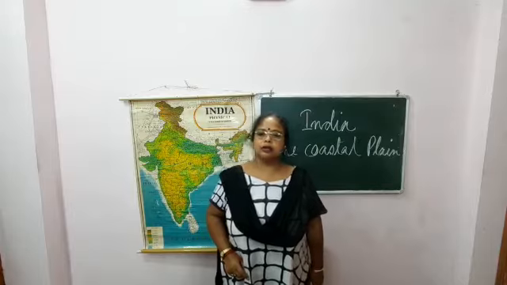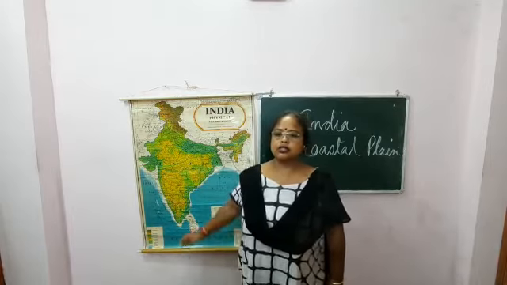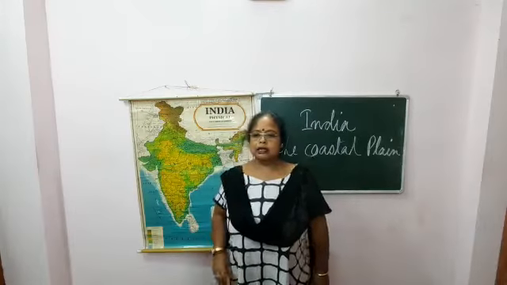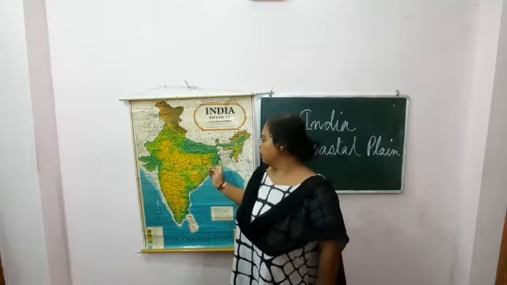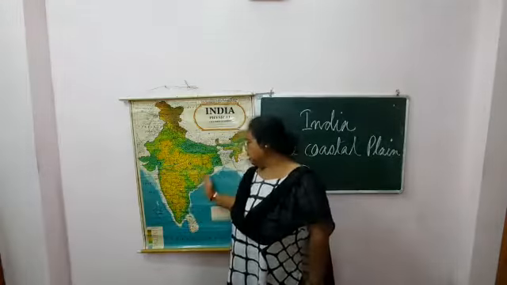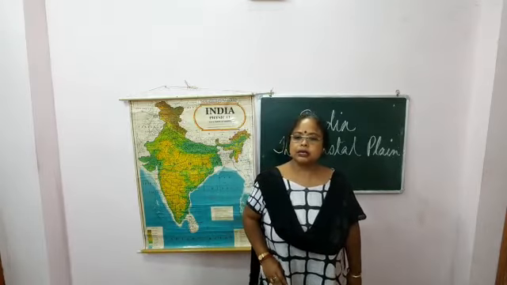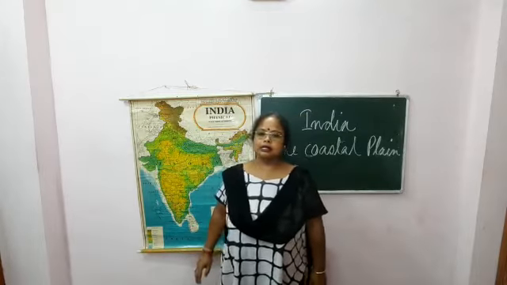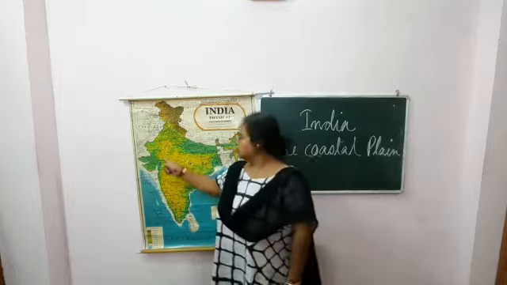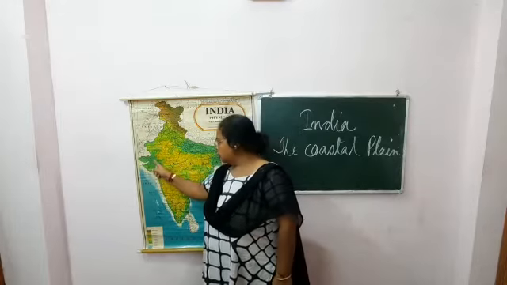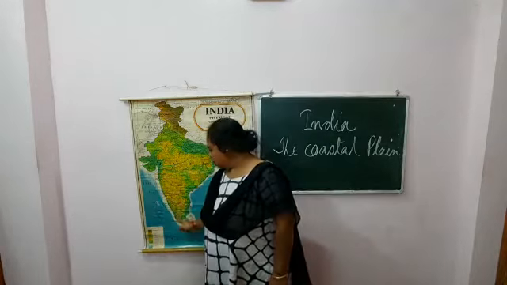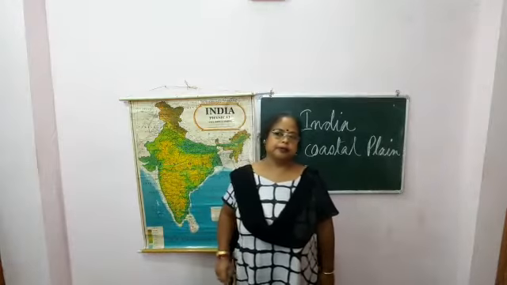The eastern coastal plain stretches from Tamil Nadu in the south to West Bengal, and the western coastal plain stretches from Gujarat to Kerala, up to here.